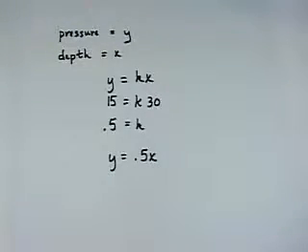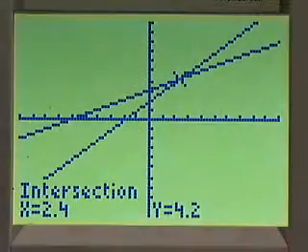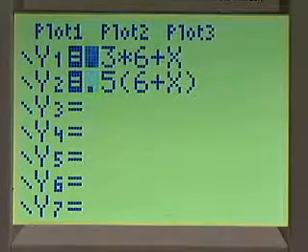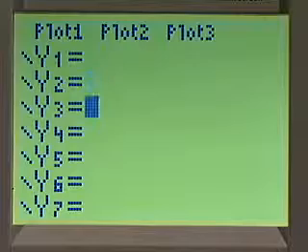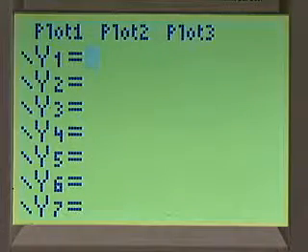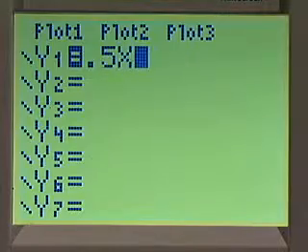We can look at our graphing calculator in order to find certain values in the problem. For instance, it asks us what is the pressure exerted at 70 feet. Let's go back and clear out our screen, and we're going to insert into our equation y1 the equation we came up with, 0.5x.